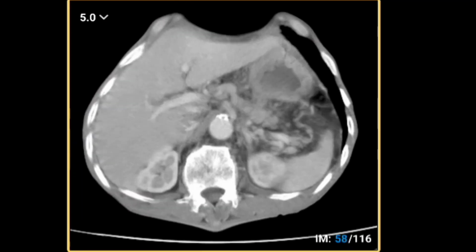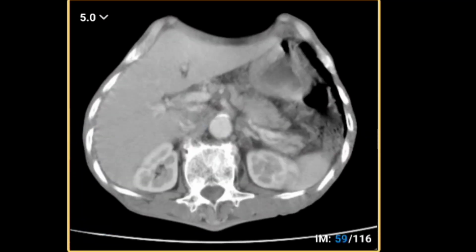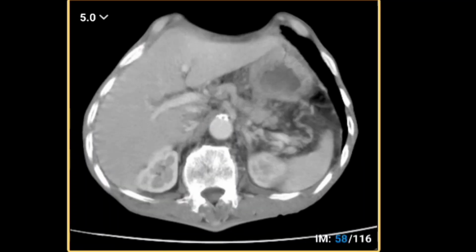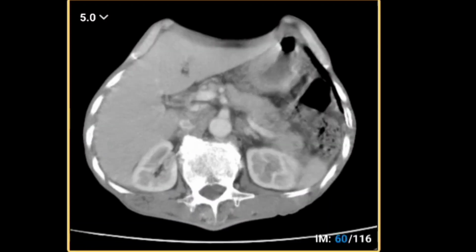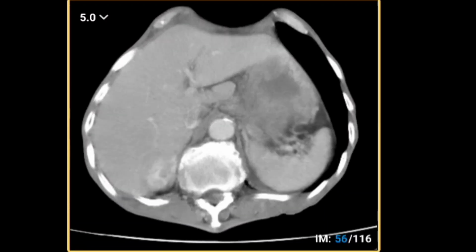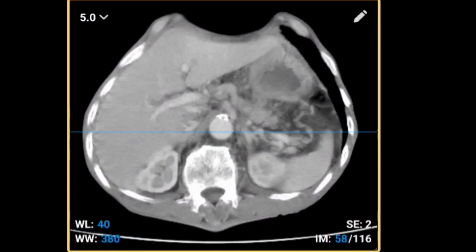Besides this, if you focus on the stomach, you will see that there is circumferential thickening of the stomach wall. However, distensibility is reduced, so this shows a linitis plastica configuration. So this is how it will look.